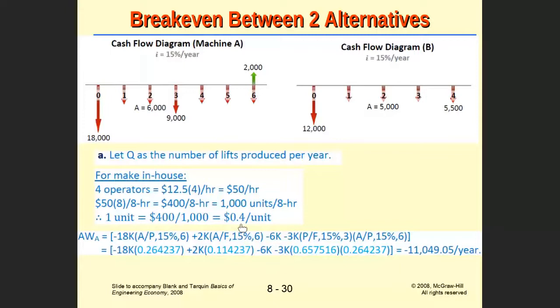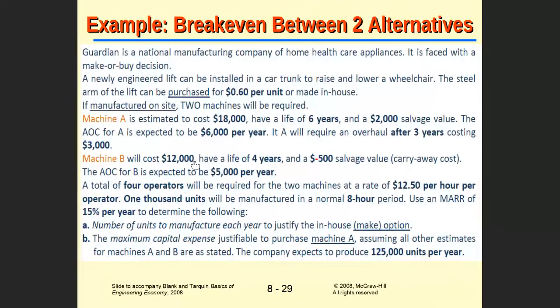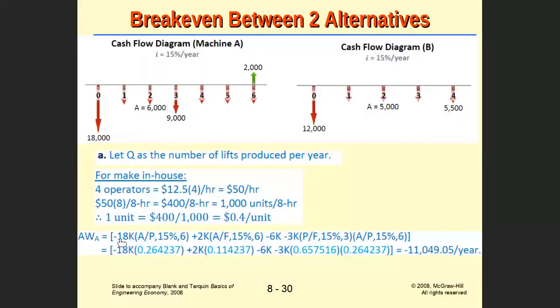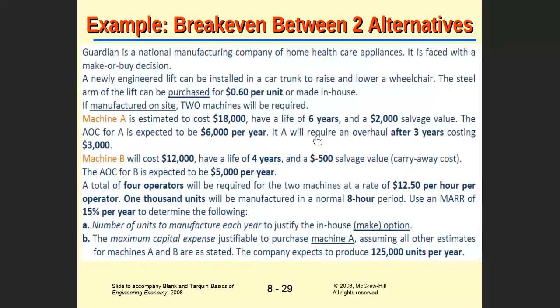$0.4. For the fixed cost for machine A, we have to convert all these values into an annual worth. Converting the 18,000 from P to A using N equals 6 and i equals 15% will lead us to minus 18,000 (A given P, 15%, 6 years), plus 2,000. The 2,000 came from here, which is the salvage value.